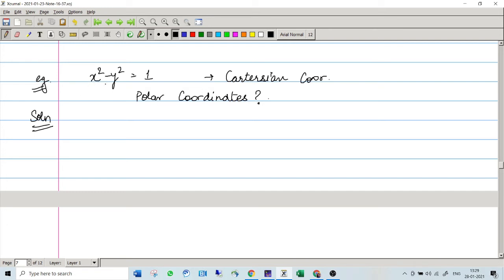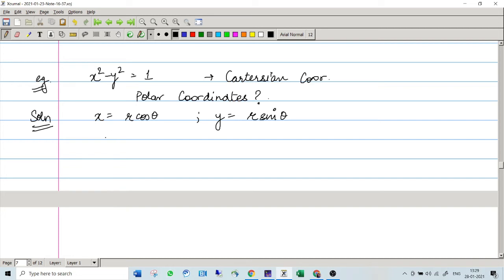You know these are Cartesian coordinates. You want to take them into terms of polar coordinates, meaning you want your r and theta to be in the picture now. Because x is given by r cos theta and y is given by r sin theta, you can simply substitute them in the equation and check.